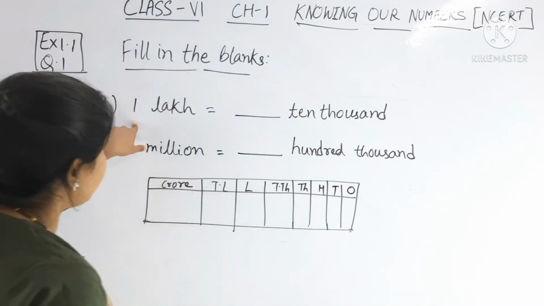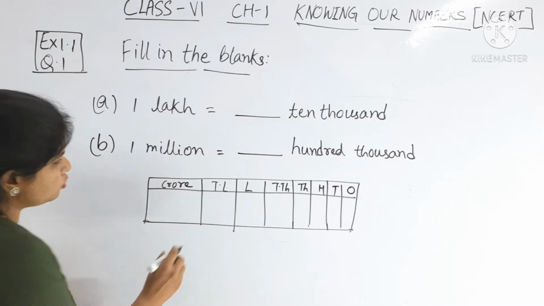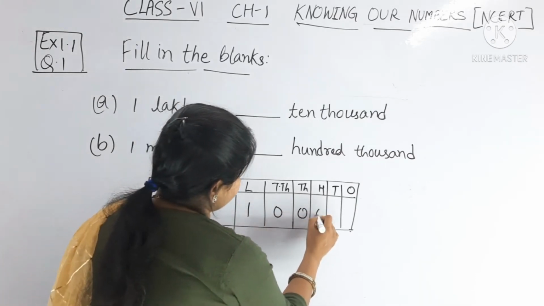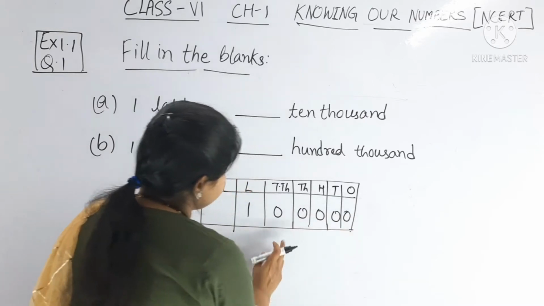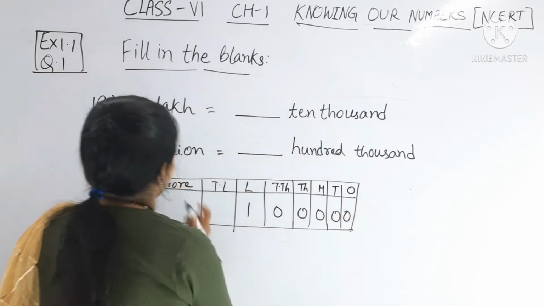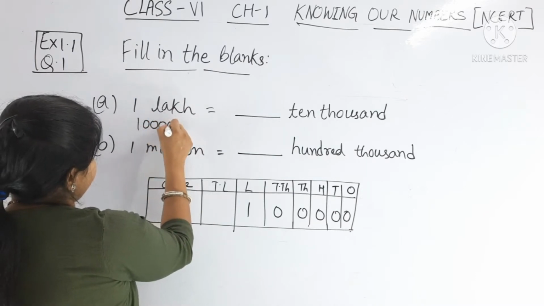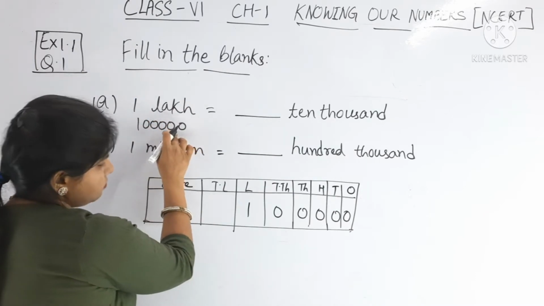So 1 lakh, how do you write it in this place value chart? Here is 1 and the others are 0. How many 0s? 1, 2, 3, 4, 5. So you can write 1 lakh as 1 followed by 5 zeros, that is 100,000.